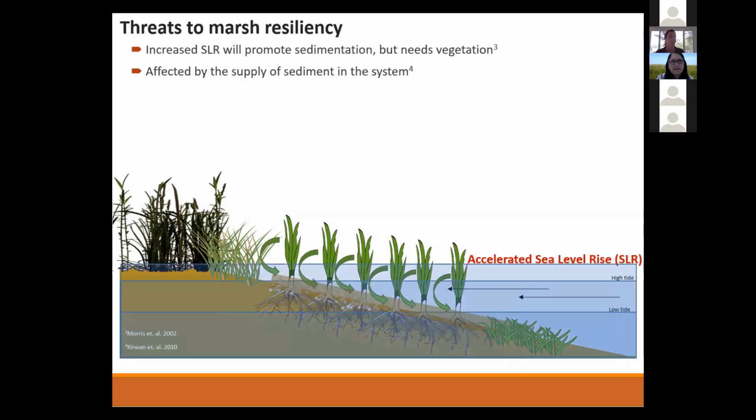But accelerated sea level rise can outpace this building feedback mechanism, where essentially coastal wetlands will drown or submerge. The vegetation needs to be present there in the first place to allow sedimentation to occur, but this is also affected by the amount of sediment within a system.